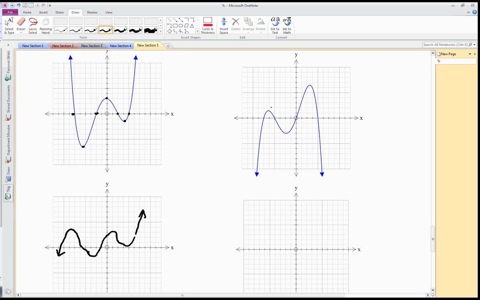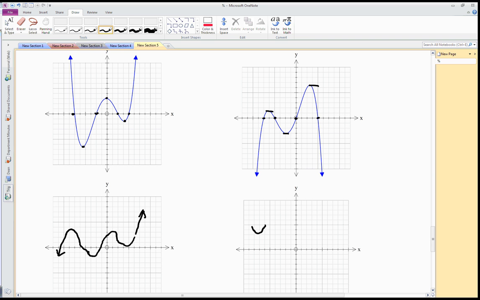Right, coming over to this one here, again I've got 1, 2, 3, 4 turning points, and I'm going to have 1, 2, 3 points of inflection. Going from a negative gradient to a positive gradient means that I'm going to have a turning point that will look something like this.